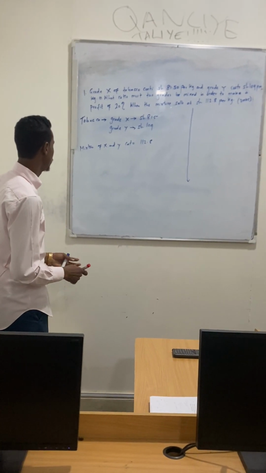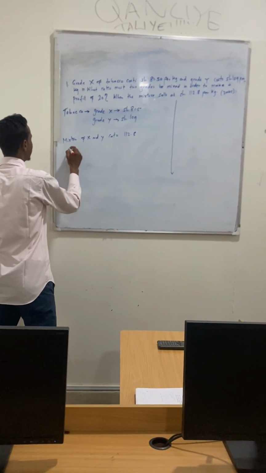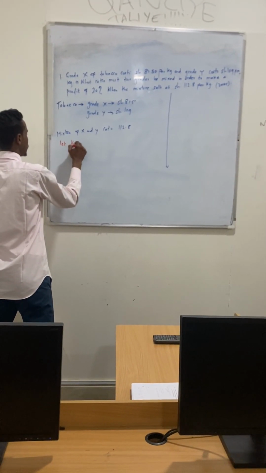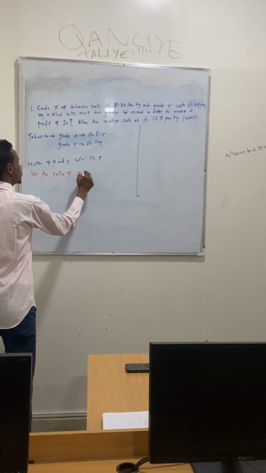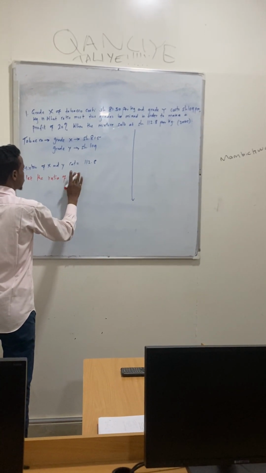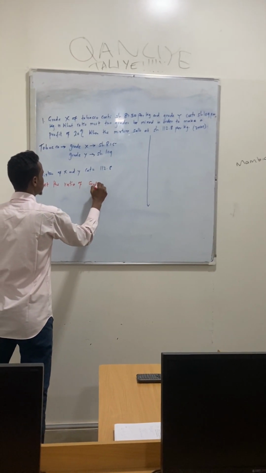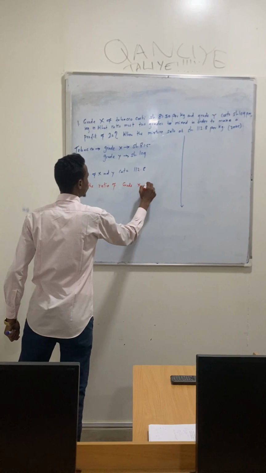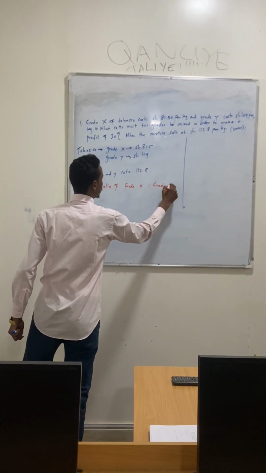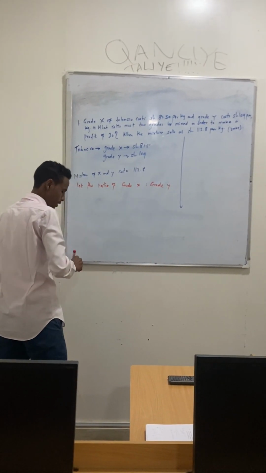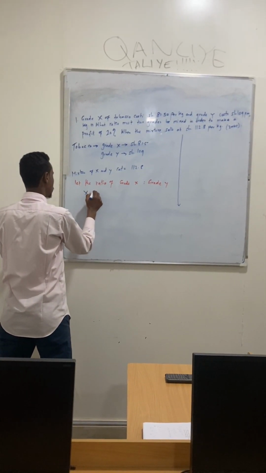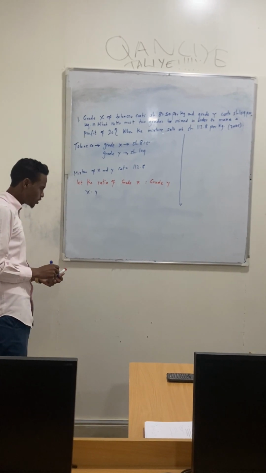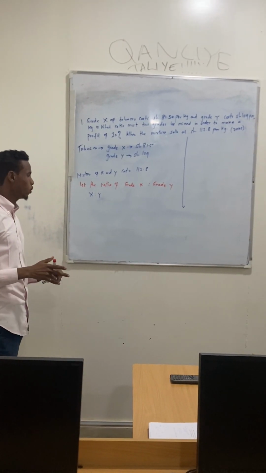Let's now do this. Let the ratio of grade X to grade Y be the ratio X to Y. Now, from there, how do we move on?